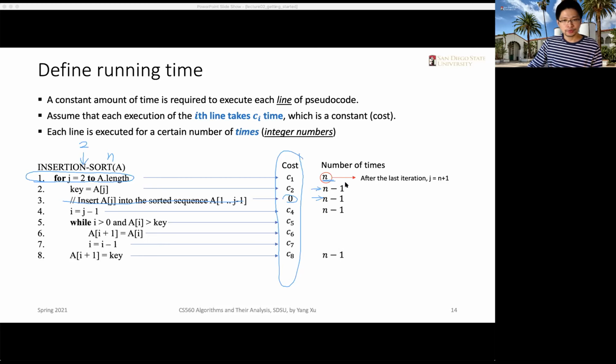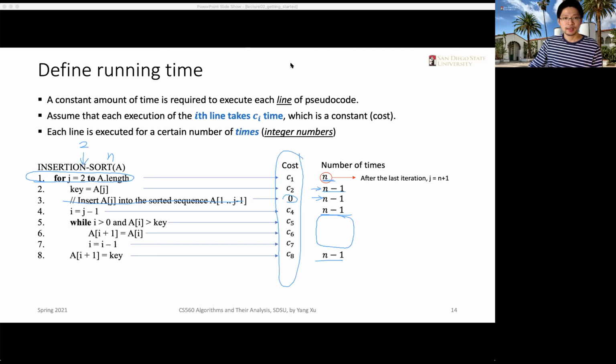Line 2 will be executed n minus 1 times. So is line 3, so is line 4, so is line 8. And we didn't write from line 5 to line 7 because these 3 lines have another loop involved, which makes things more complex.